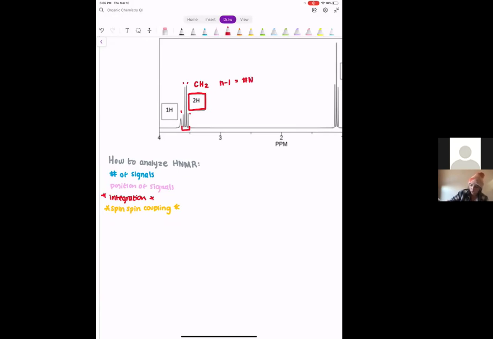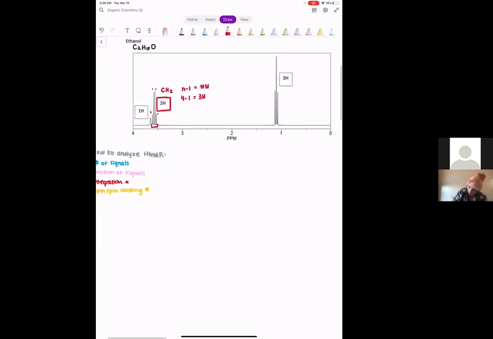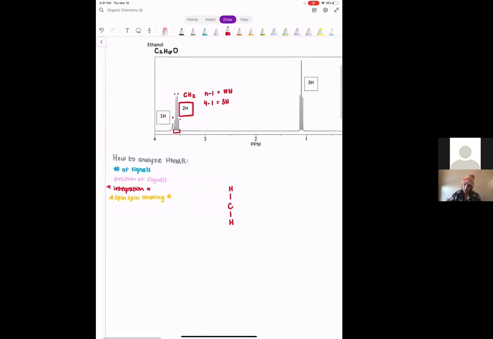So 4 minus 1 equals 3 neighbors. Now we can get this little partial structure: somewhere in our molecule there is going to be the H2 that will eventually have 3 neighbors.